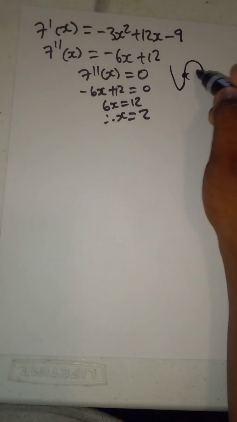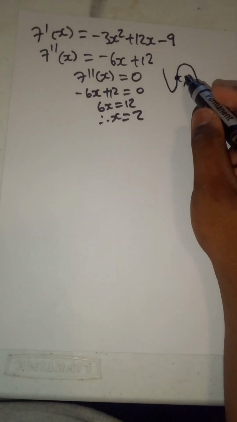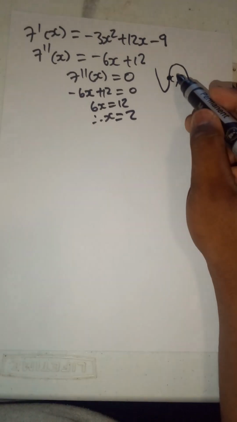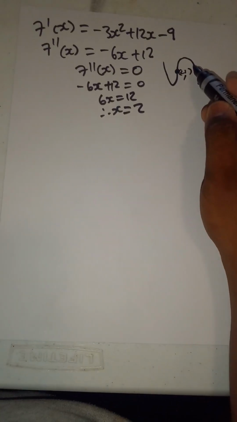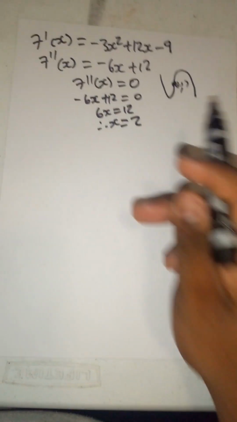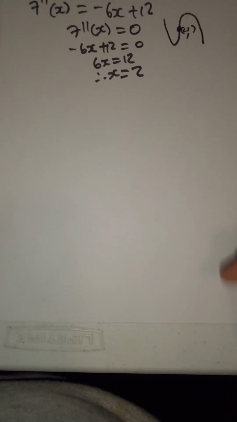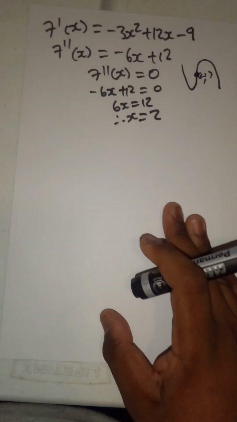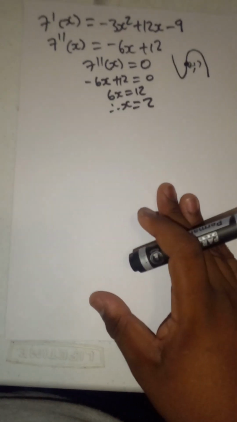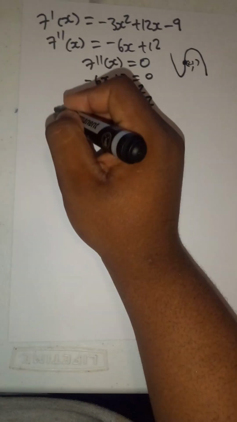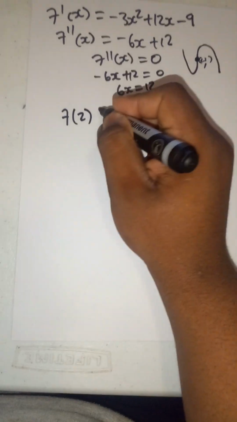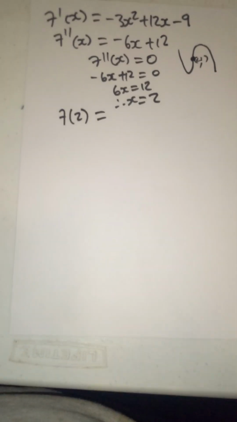Now since they're talking about the tangent, I must have the coordinates there. So now already I have the 2 there. Since I have the x value, I must find the y value now. You understand? I must have the y value. So now this is what you must check. I must have the coordinates of the point of inflection. So let me substitute this 2 into the original equation.